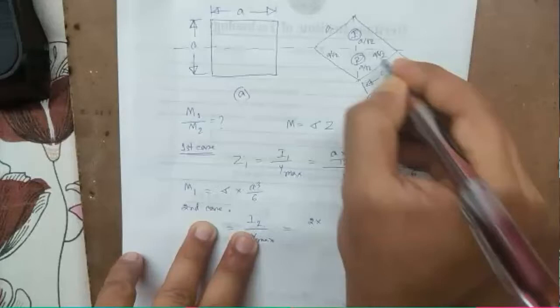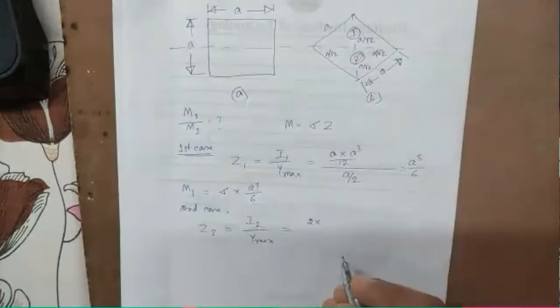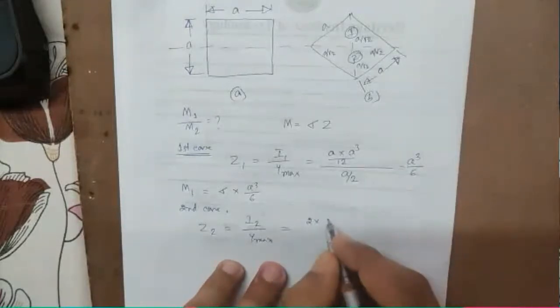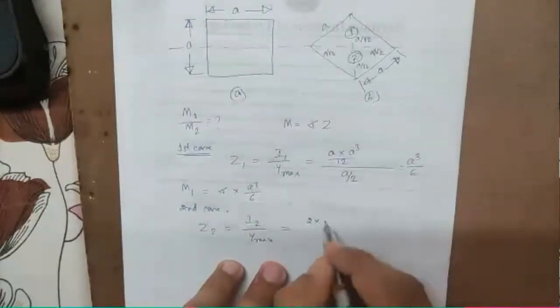Now the moment of inertia is 2 into bh cube by 12, so the base is equal to 2 into a by root 2, so this will be root 2 a.